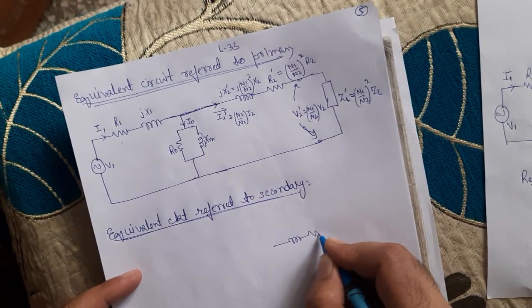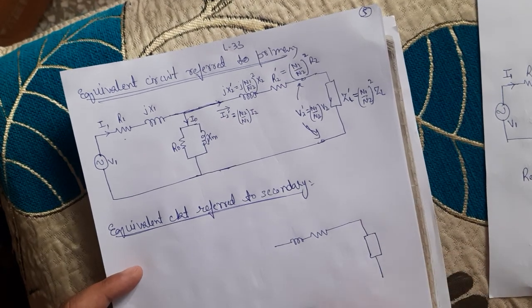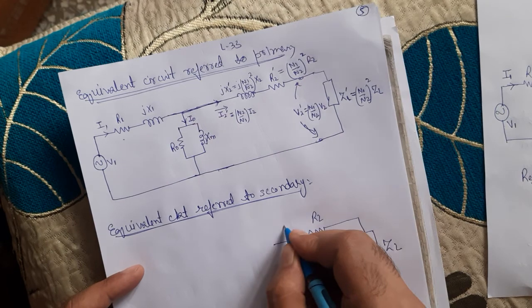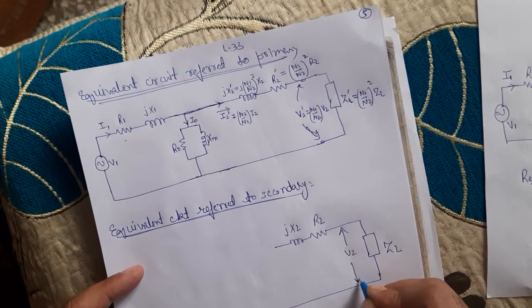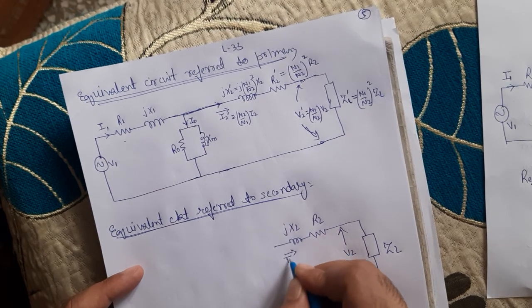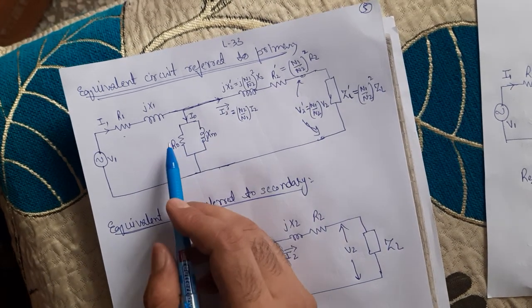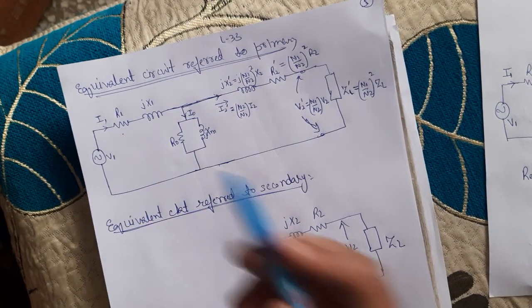ZL, V2 and V1 will remain the same. This is ZL. This is R2, jX2. This is V2. This is I2. It will remain the same. But now these R1, X1, X0, XM, I0, I1 and V1 will change.